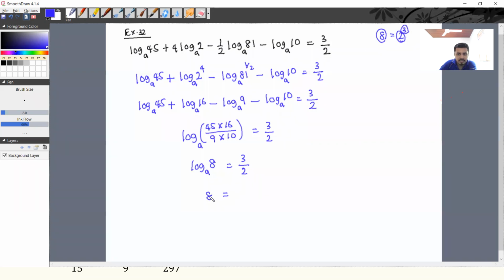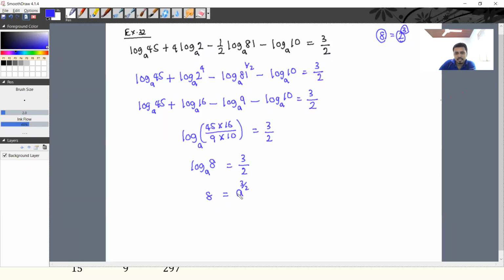Here, 8 is the number. A is the base value, to the power 3 over 2.